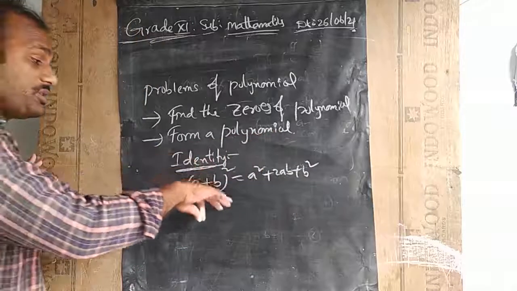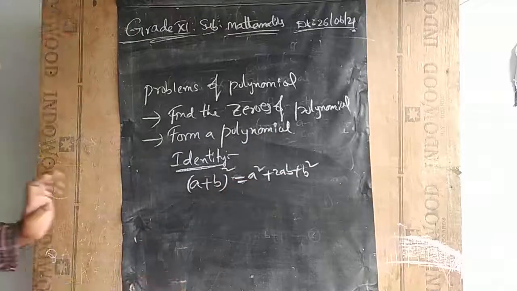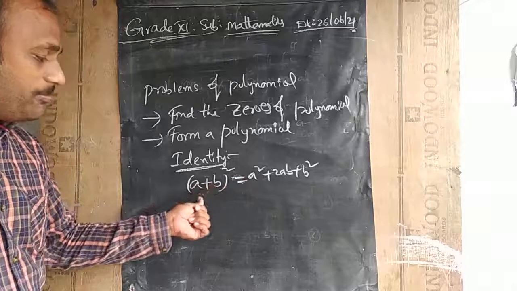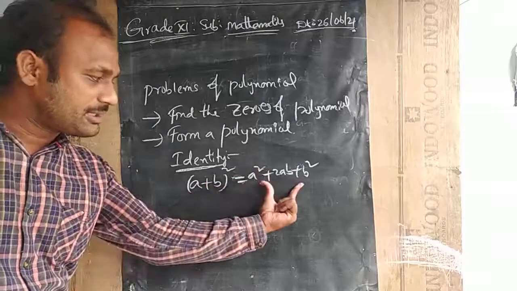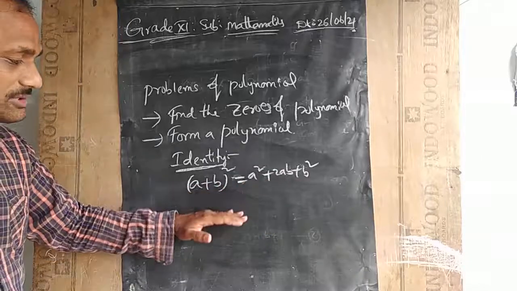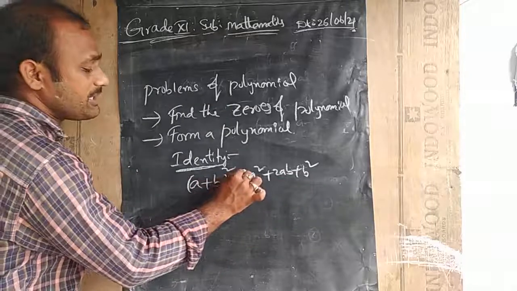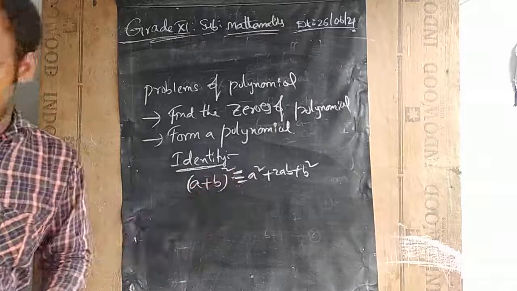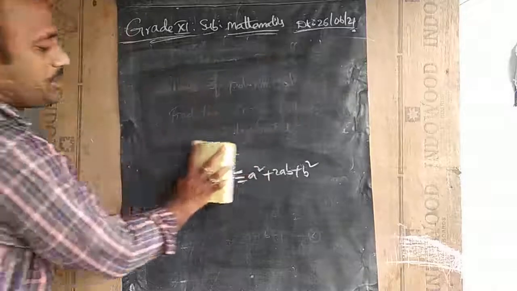Now if I want to call this an identity, then if I substitute any value of a or b, the left hand side answer and right hand side answer must be the same. If you are getting the left hand side answer as 10, the right hand side answer must also be 10. Then I can call this an identity. So identity is denoted with 3 lines. So that is about identities.